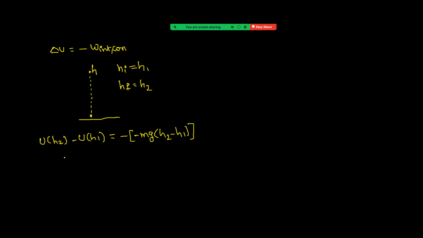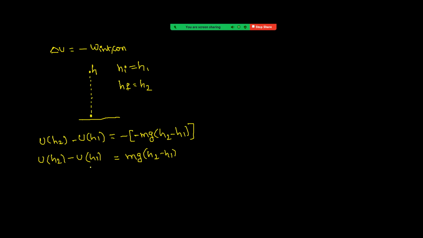If you observe carefully, h1 and h2 are both known, and mg is also known. Therefore, mg times (h2 minus h1) is known. But coming to the left side, we have two unknowns: one is U of h2, the other is U of h1.